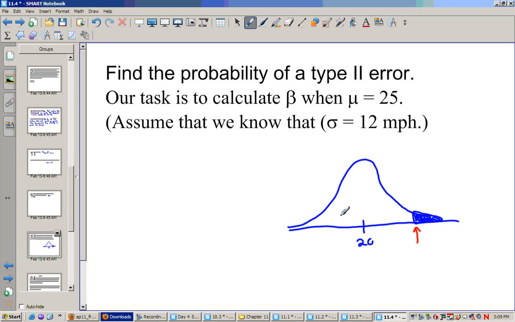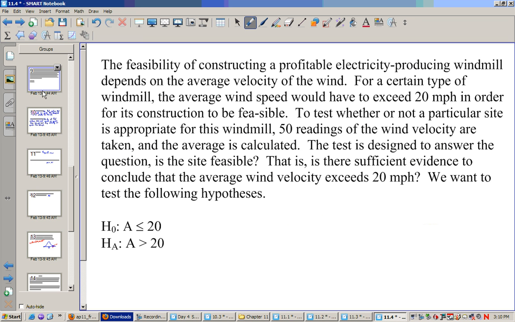If we are using a 99% level, or alpha of 0.01, that means 99% of the values are below that. So I'll do an inverse norm of 0.99, with the mean 20 and my standard deviation, which would be 12 divided by the square root of 50.